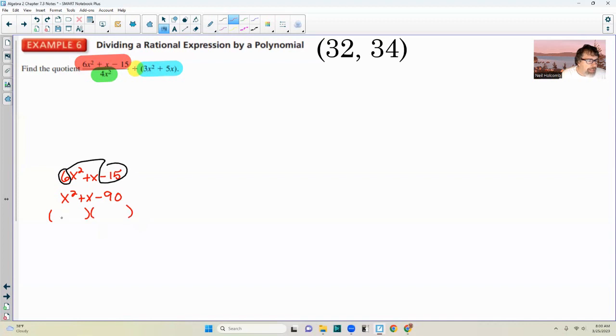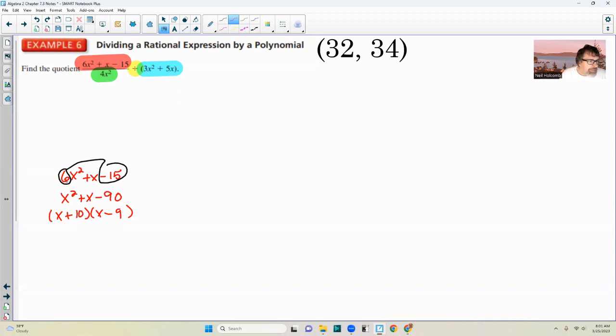So when I do that, I get an x here and an x here. Signs are different, plus, minus, and I need a difference of 1, factors of 90. Well, that's 10 times 9, and I want the bigger one positive. So 10 and 9. 10 times 9 is 90. 10 minus 9 is 1.